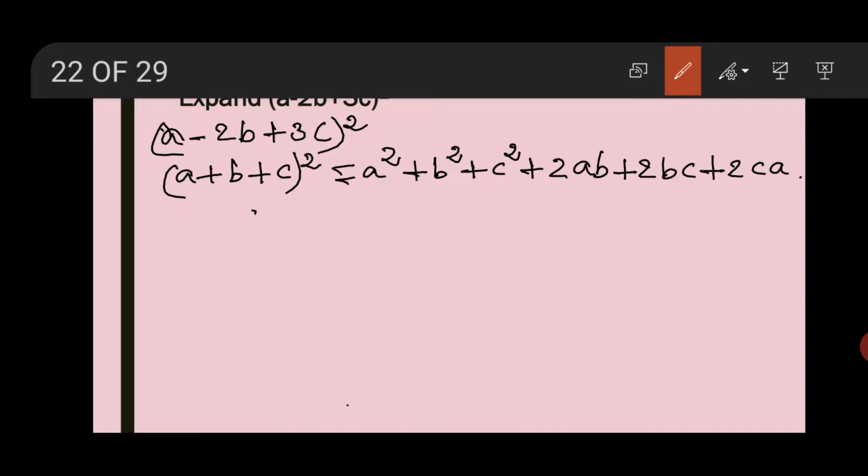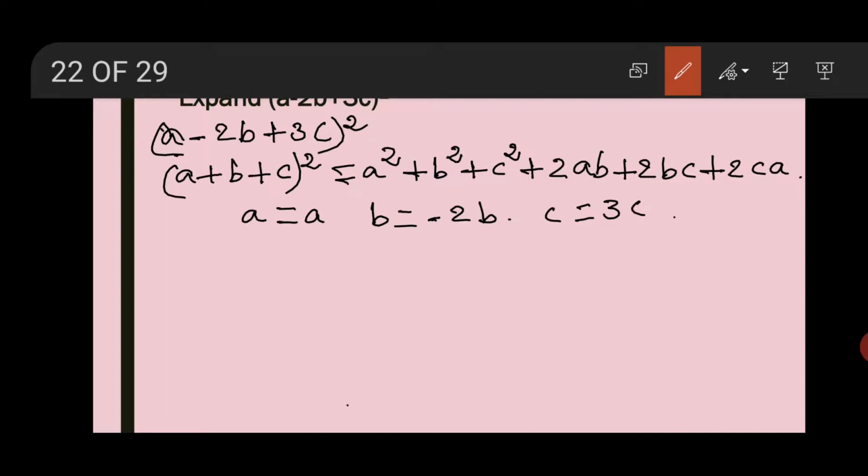Here also, what are a, b and c? The value of a is a itself, the value of b is minus 2b, and the value of c is 3c.